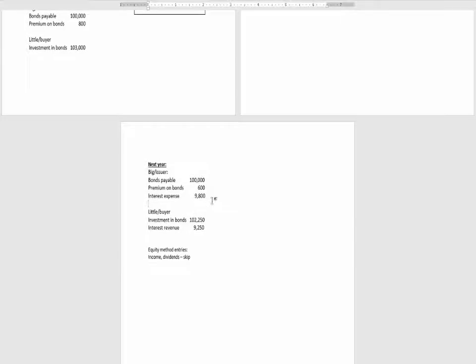Basically, we're taking away $9,800 of interest expense. We're going to be increasing income by $9,800. Then we're going to take away interest revenue of $9,250, so we're going to reduce it by $9,250. So the net is going to be a $550 increase. So in our equity method entries, we're going to recognize the parent's share of that $550 increase. And again, this is a downstream transaction, so that $550 will all accrue to the parent as an increase in their investment income.